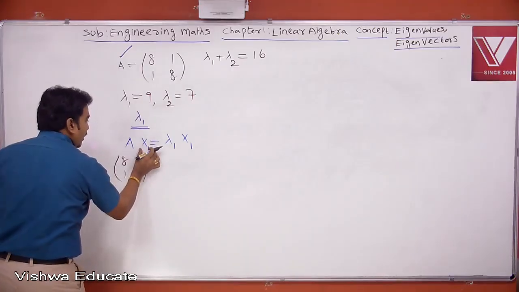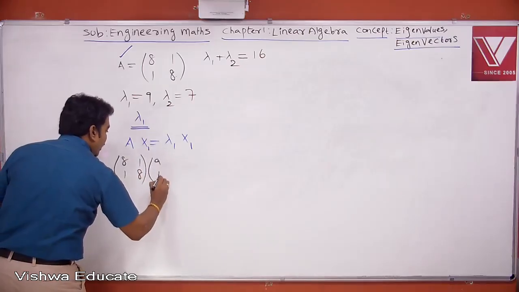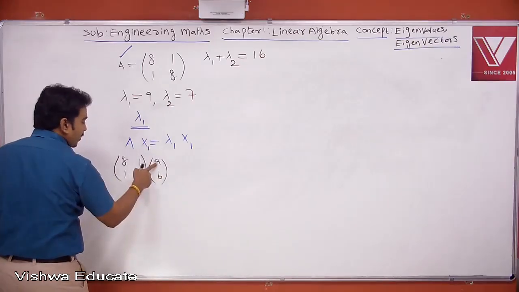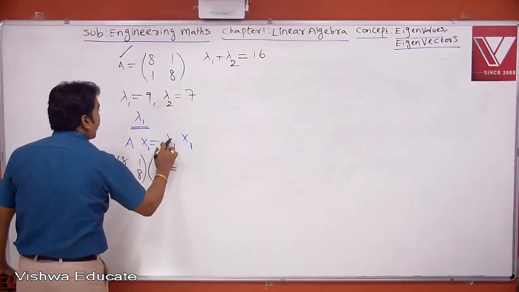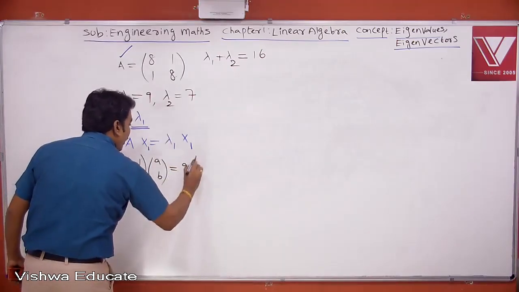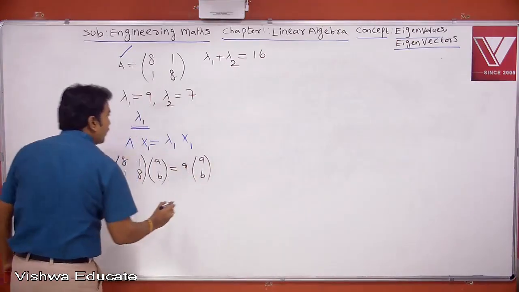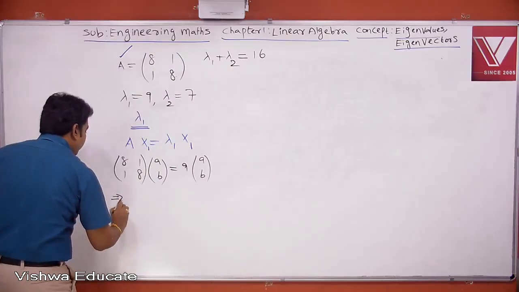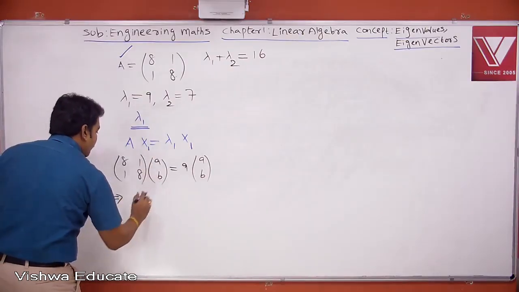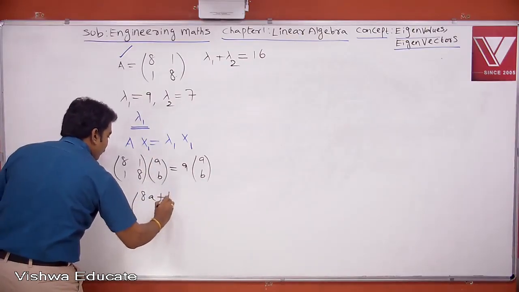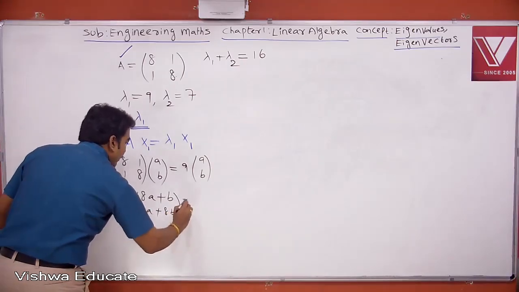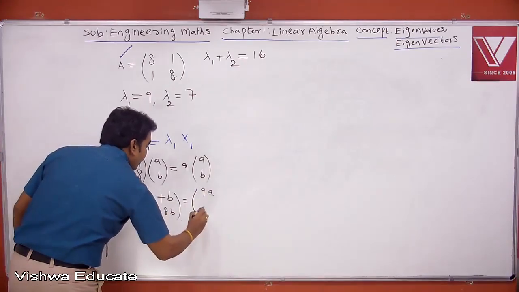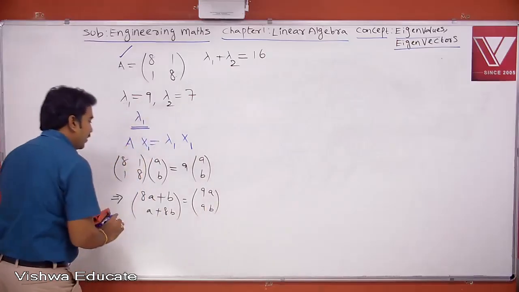Because we are dealing with a 2 by 2 matrix, the eigenvector size will be 2 by 1. Assume that this is A B. Lambda 1 is 9, so 9 into A B. This implies 8A plus B and A plus 8B equal 9A and 9B.